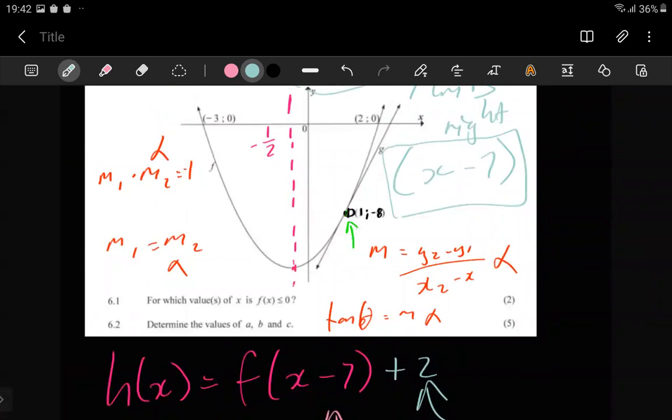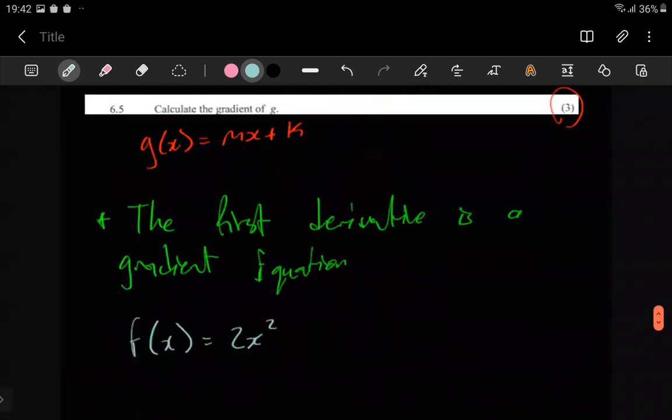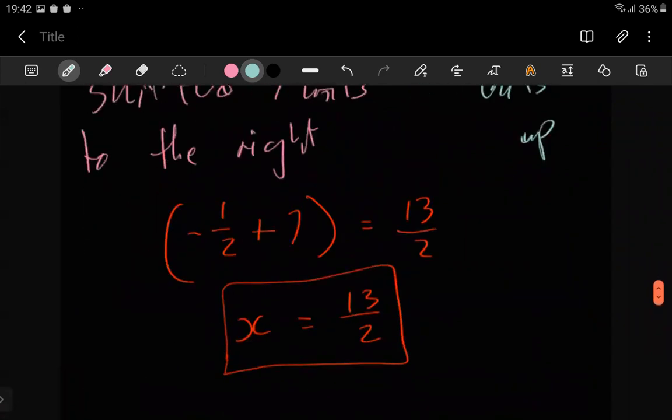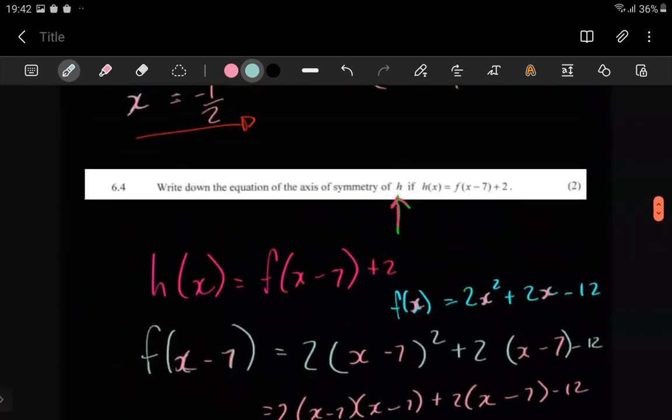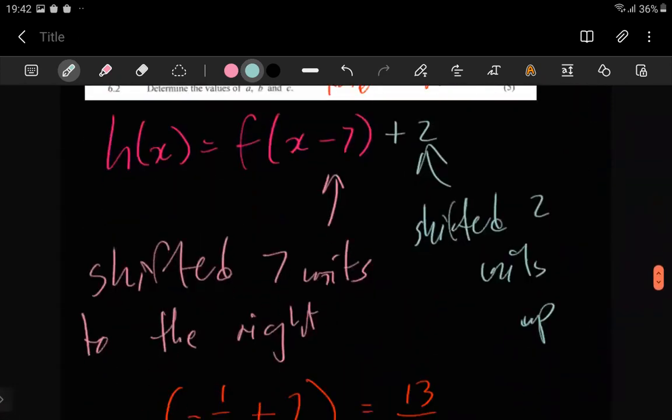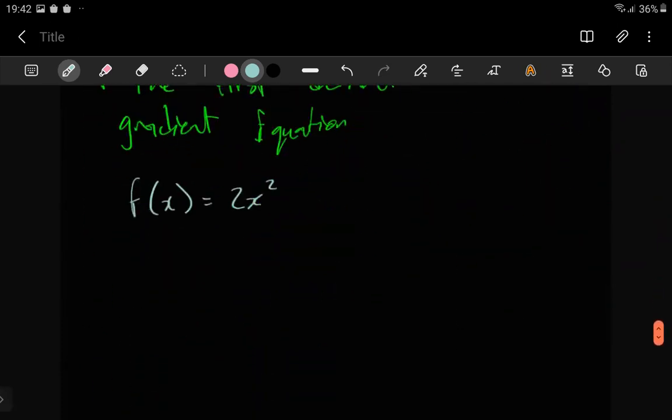We know that this specific point has an x value of 1, which is useful to us. But what is more useful is the gradient equation that will get us the gradient at that point. And the only gradient equation that will do that is the first derivative, because remember, the first derivative is just the gradient equation.